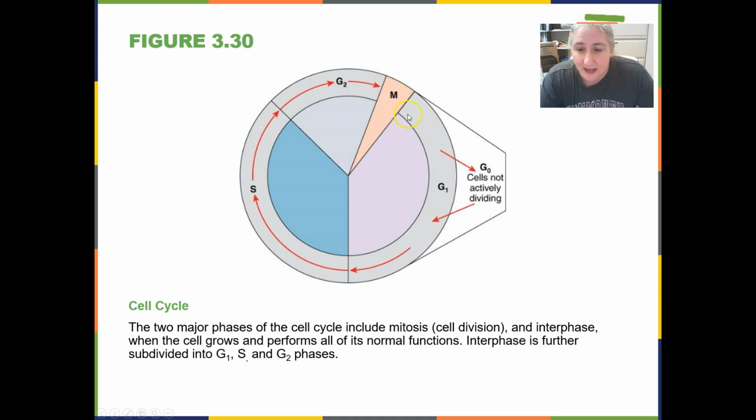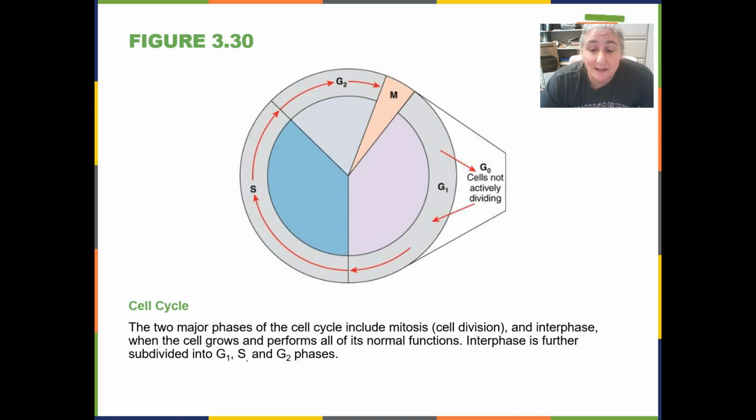And so we'll go through each of these phases and what's going on, and then we'll go into the mitotic phase. So in G1, chromosomes are getting ready to be synthesized. We're producing proteins for DNA synthesis. We're also starting to enlarge the cell. In the S phase, this is the synthesis phase, DNA replication occurs. And then we go into G2 phase.